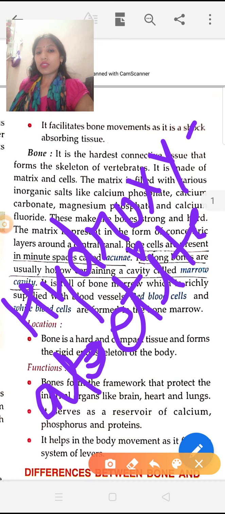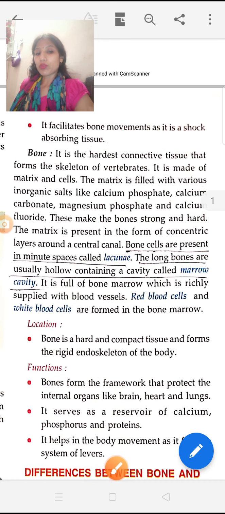Because of the presence of this hydroxyapatite, the bones are very hard, right?